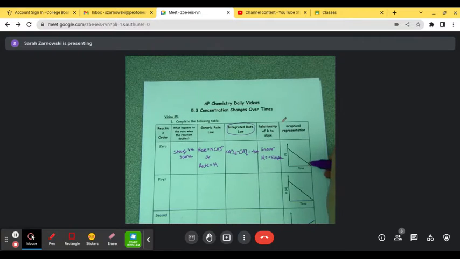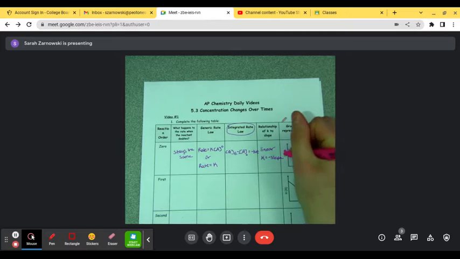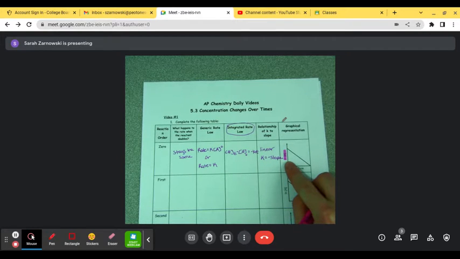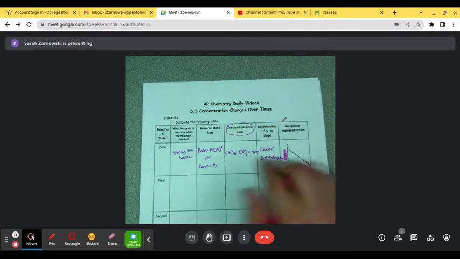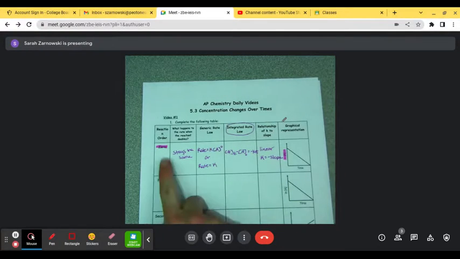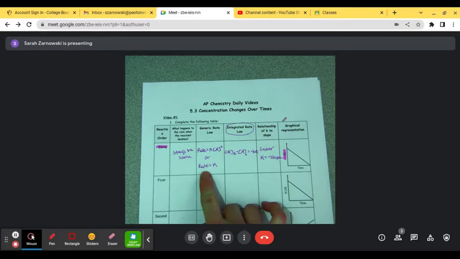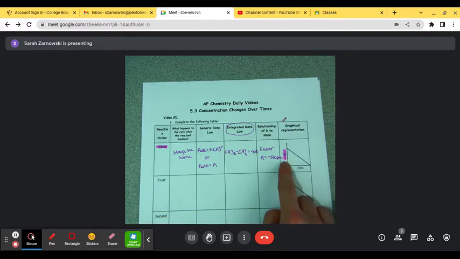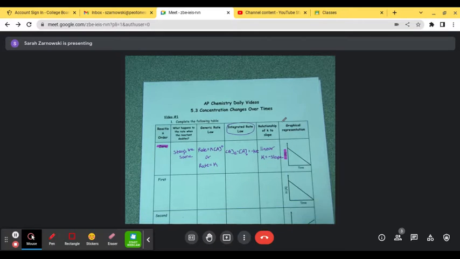For this graph, and I'm probably going to quiz you guys on this next week, for the graphs, if the y-axis just has the concentration of A, B, C, whatever you're given, you're going to have to know that that is zero order. The reason why is because the rate is directly proportional to it. So A is the concentration, and if that is the units for the graph, then you're going to know it's a zero order reaction and it has a negative slope. So that's for zero order.